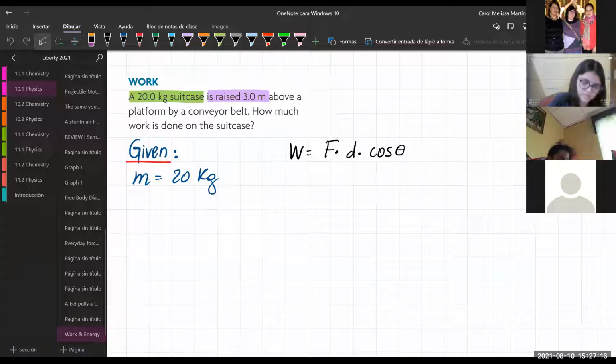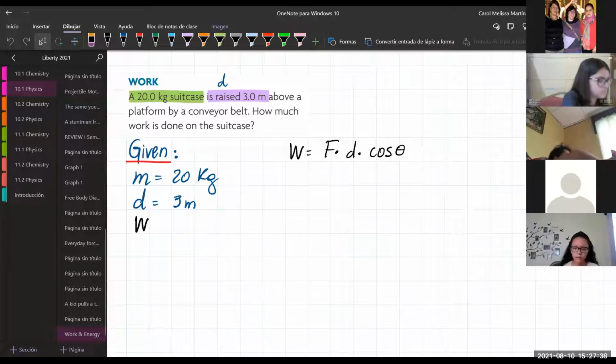So because this is a distance, we can say that displacement of the object is 3 meters from the ground to a platform that is 3 meters above. Then it says how much work is done on the suitcase.